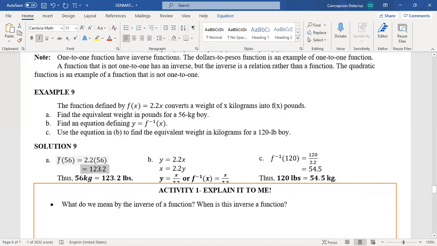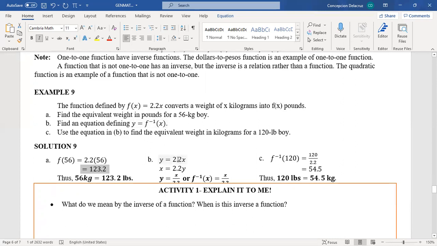So our f of 56 is 123.2. Thus, 56 kilograms is equal to 123.2 pounds.